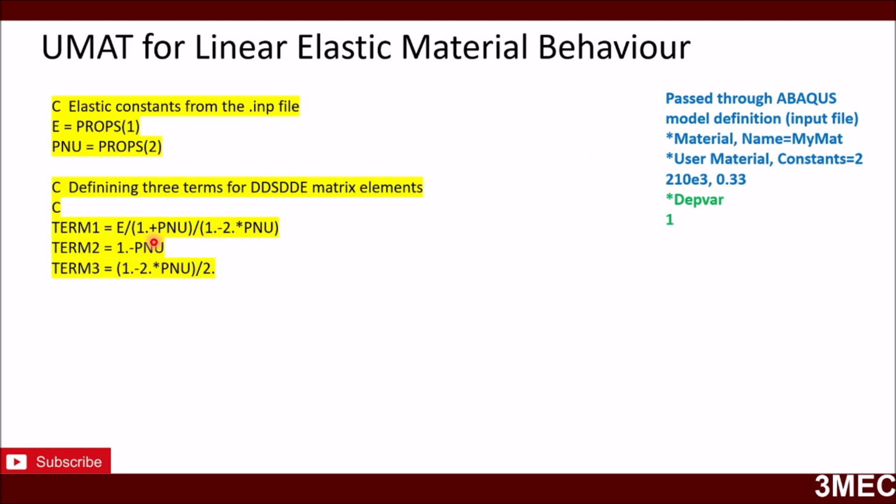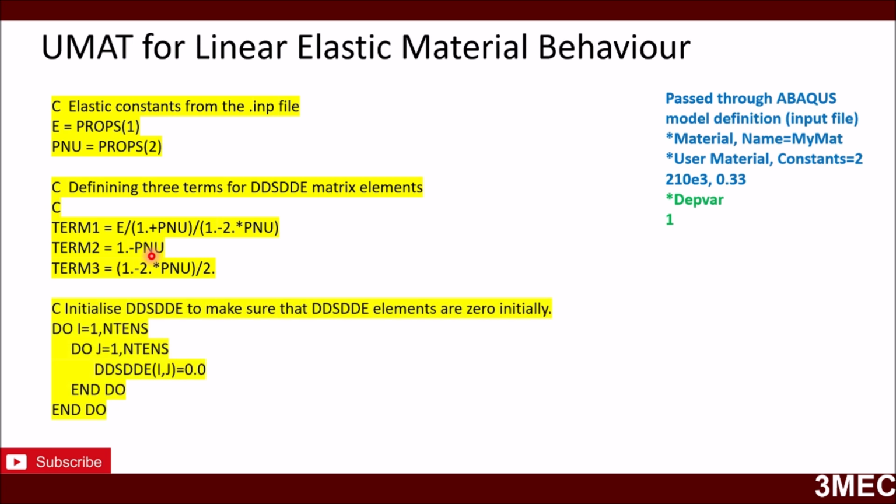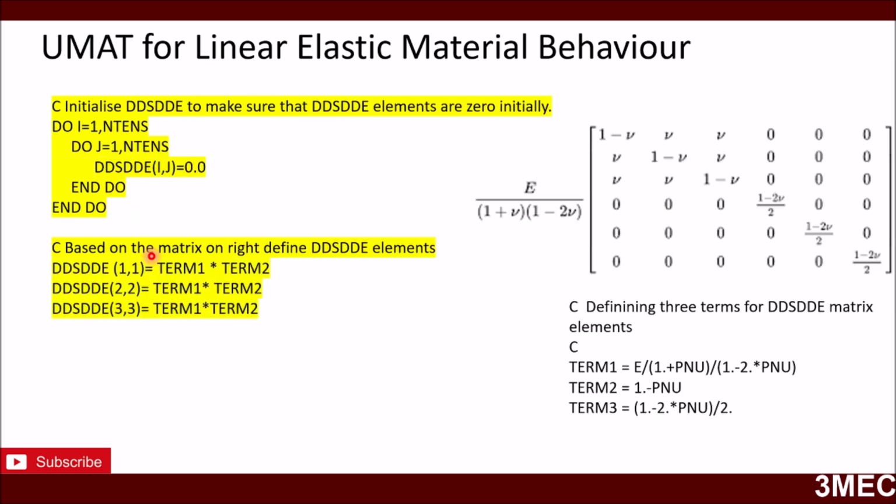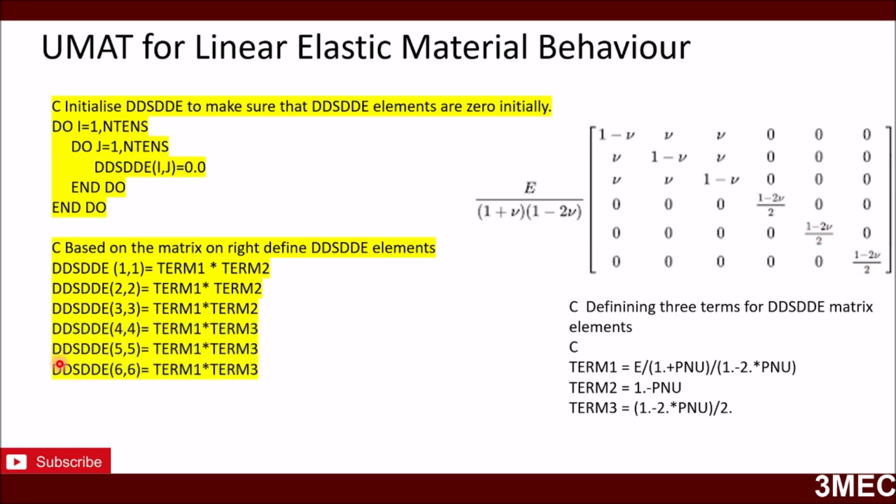So term 1 times term 2 becomes DDSDDE 1 1, 2 2, and 3 3, and they are the same. Now I can also compute 4 4, 5 5, and 6 6, and that's term 1 times term 3, if you remember in that code, and that's what I've done here.